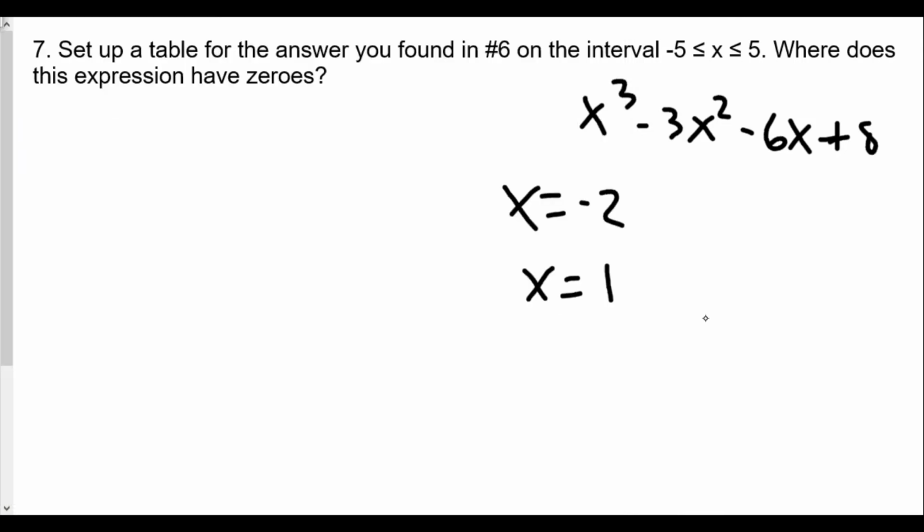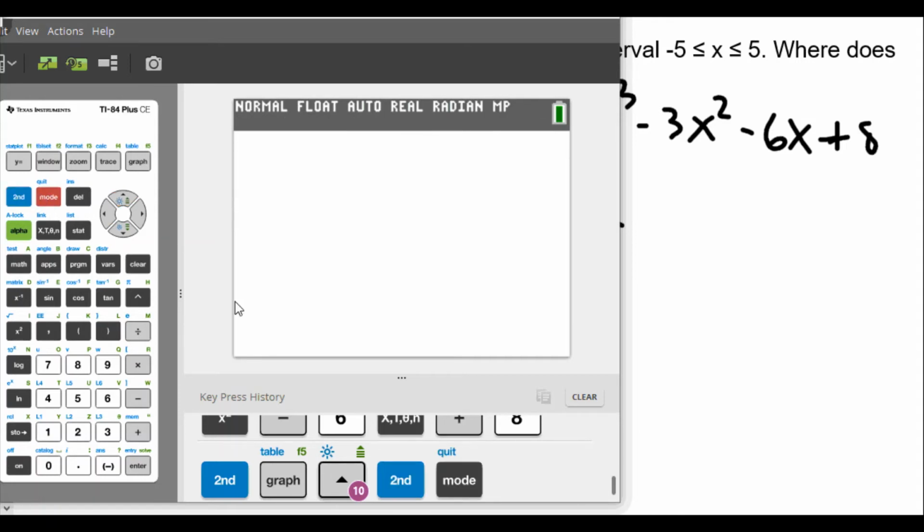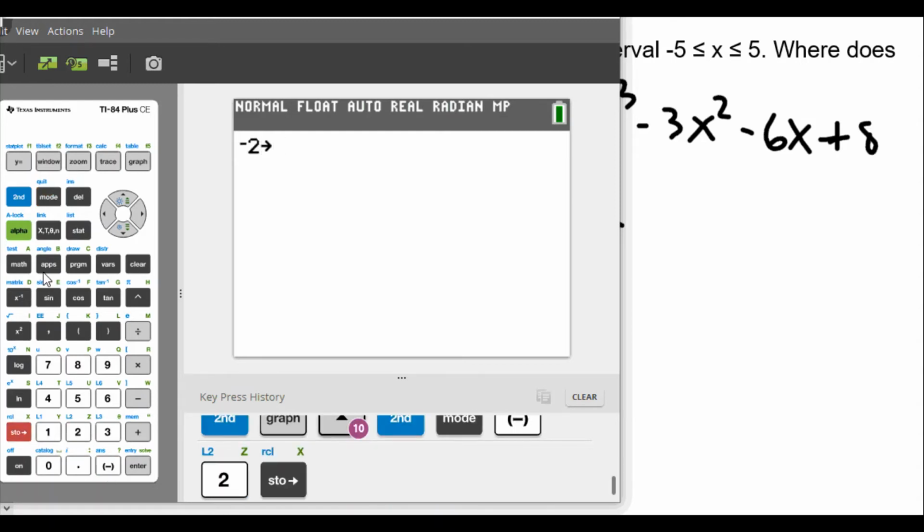Now, we can check this just to make sure. We'll use our graphing calculator again. Even though we have a table, just to make sure, let's quit this and enter -2, store for x, and then enter.